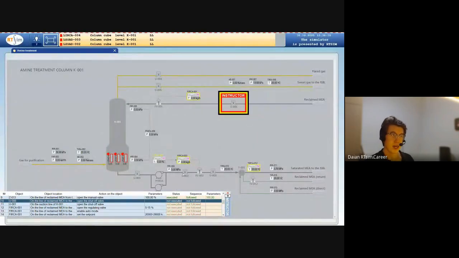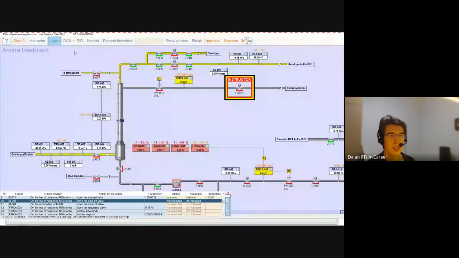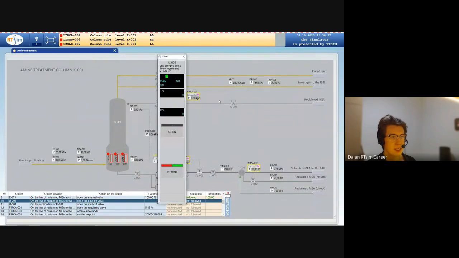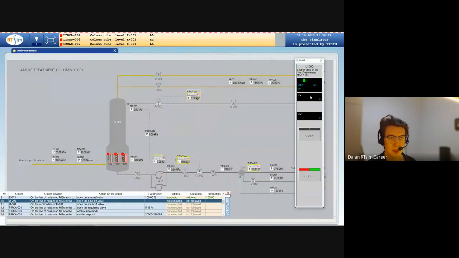So let's continue. The next mistake is trying to manipulate the device, the shadow valves or controlling device, from the on-field workstation. We should enter the DCS control room and manipulate from this window.